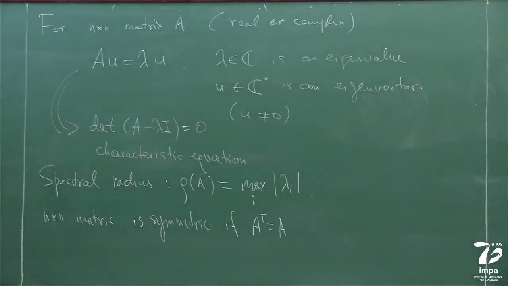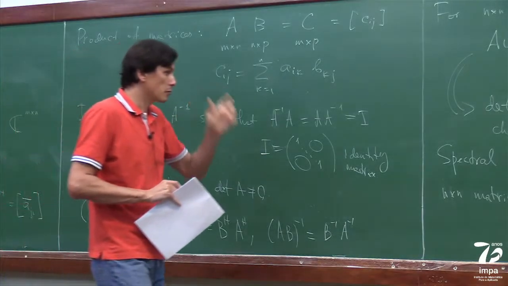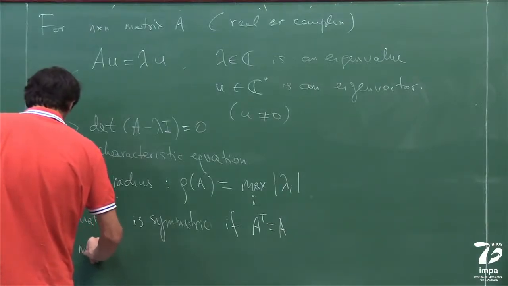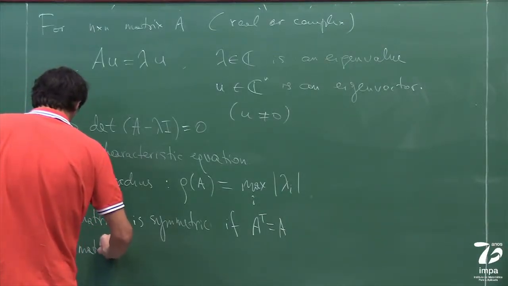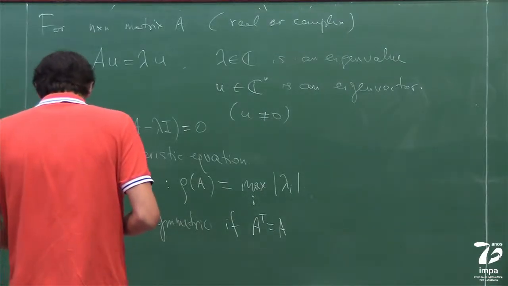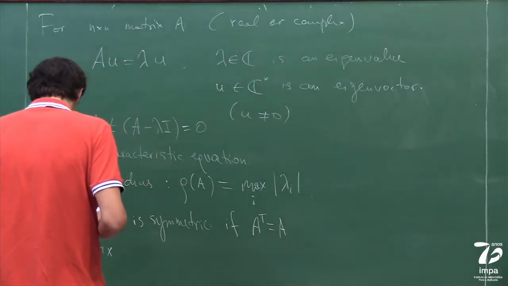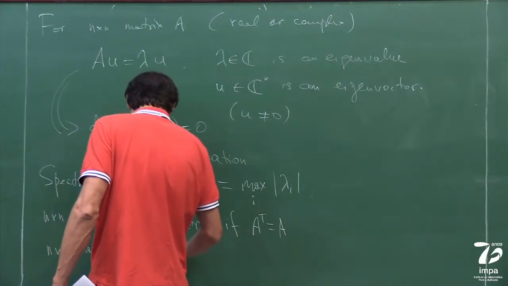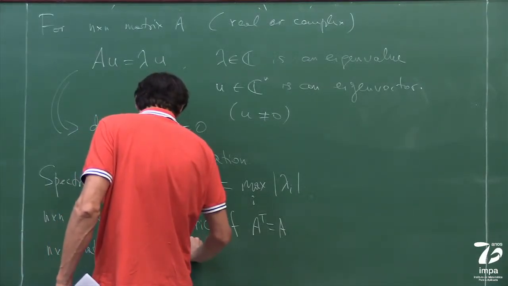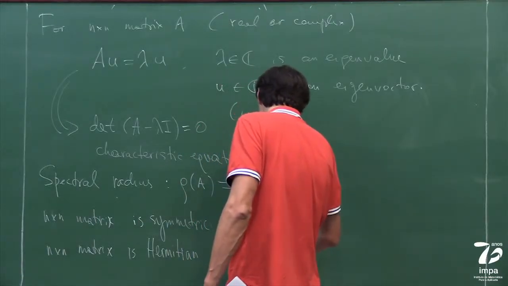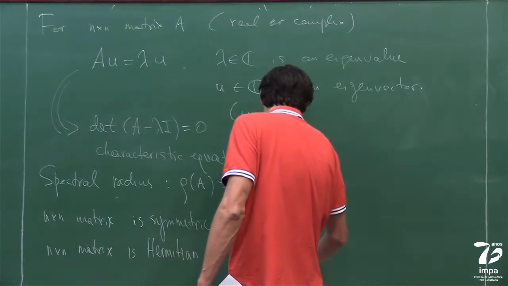So changing indices, we get the same. And the same thing: an n by n matrix is Hermitian if the Hermitian transpose doesn't change the matrix.